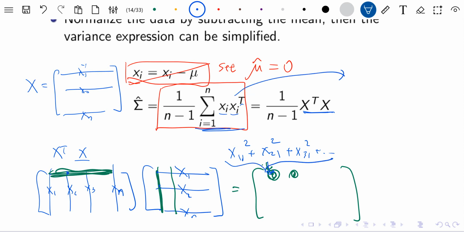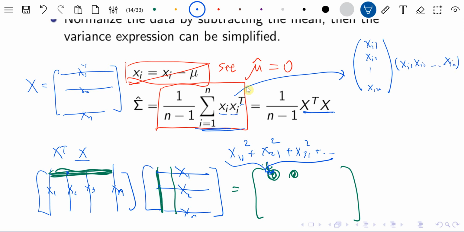If you look at this, what is xi? Xi is xi1, xi2 until xim, and it transposed is xi1, xi2 until xim again.